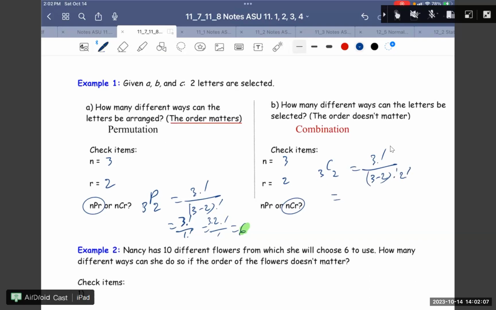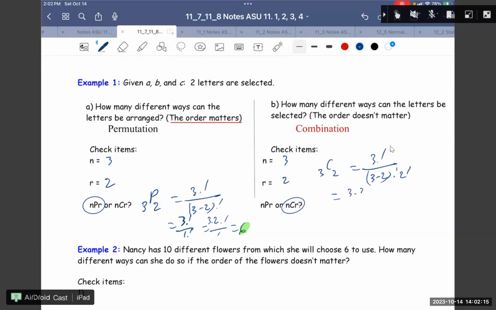So 3 factorial over 1 factorial and 2 factorial. 3 times 2 over 2 factorial, so this one equals 3, right?